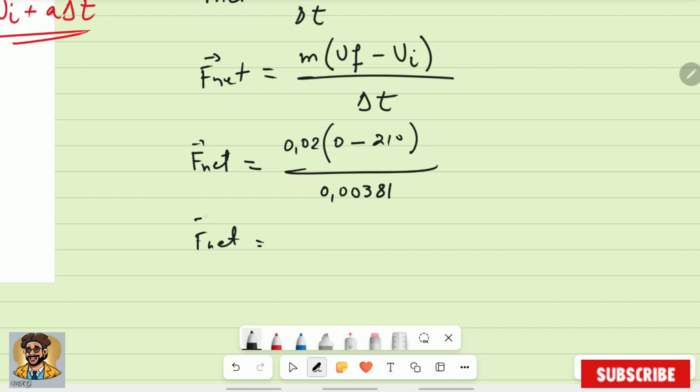That will give us the net force. How much is that? Negative? 1,105 comma 2. It is a negative number. What does the negative number mean?